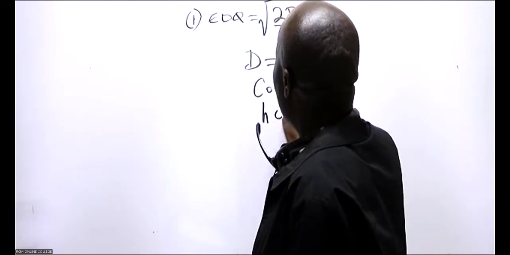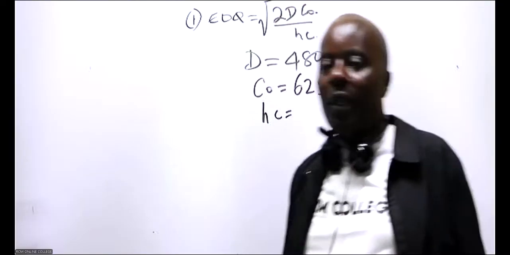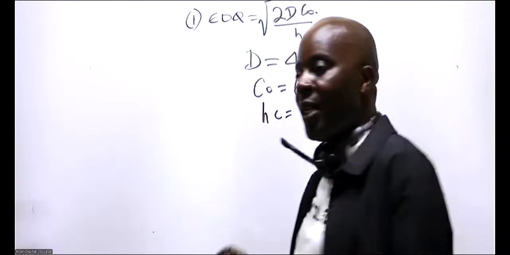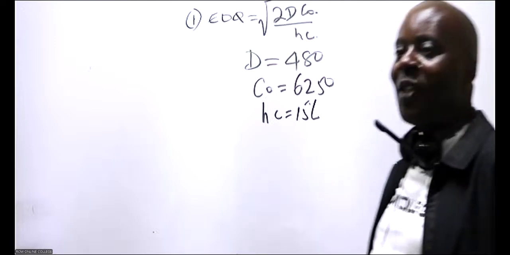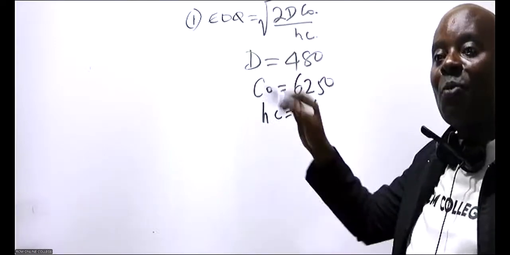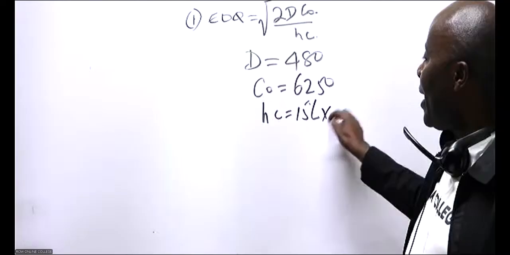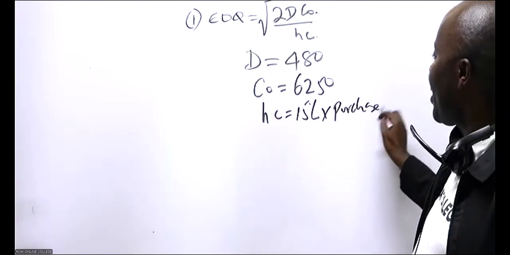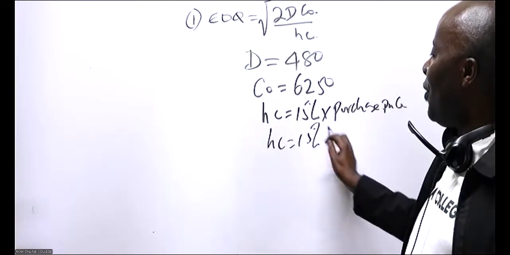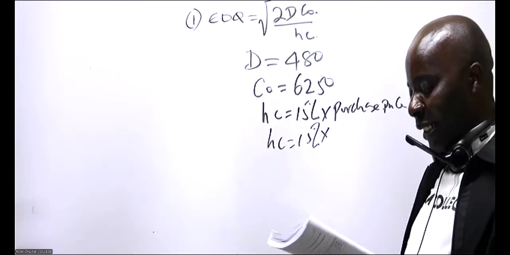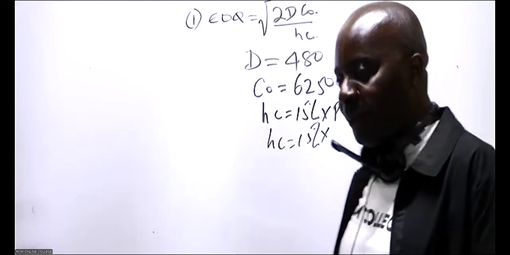And we have HC. So HC, they have given us 15%, but you see, you can't use it as a percent. It has to be 15% of the purchase price. So 15% times purchase price. Have they told us how much this mattress is going for? 4,000.